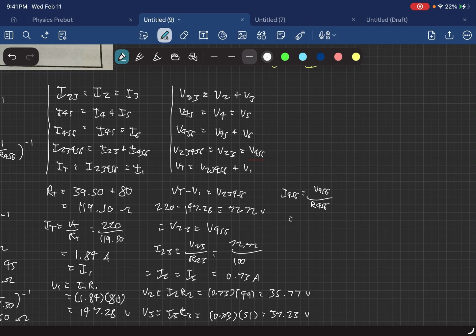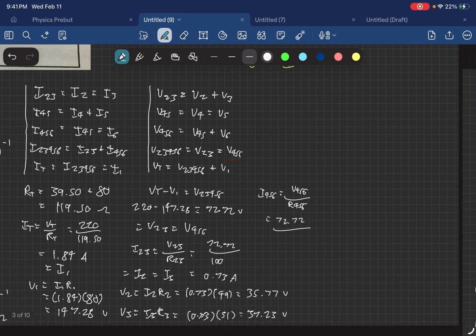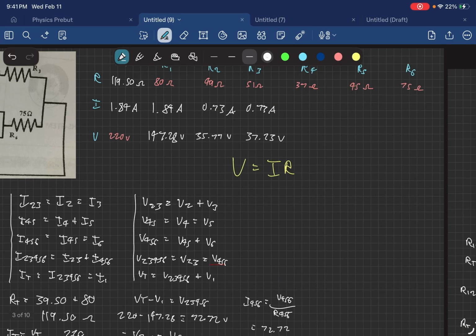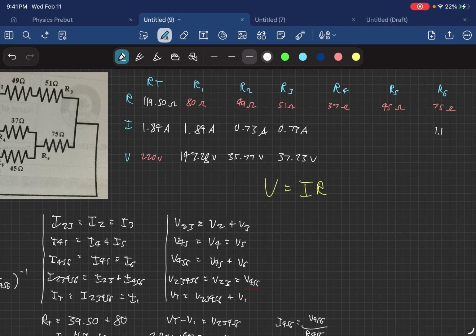Oh, it's right here, 72.72. What is our R456? We solved that earlier, 65.30 ohms. It's a little bit of a tedious process, but it's alright. That gives 1.11 amperes. And our I456 is equal to I45 and equal to I6, so it's 1.11 amperes.